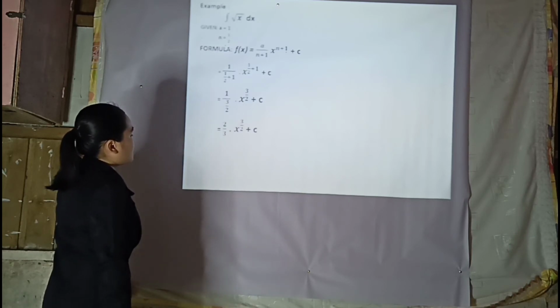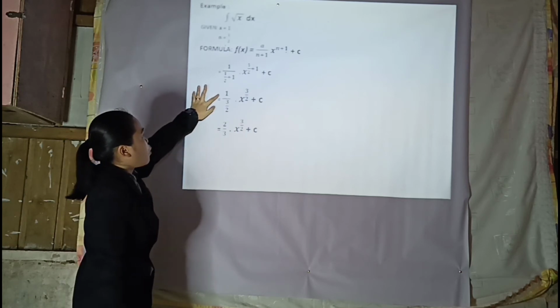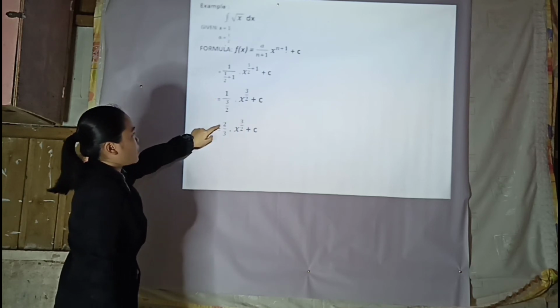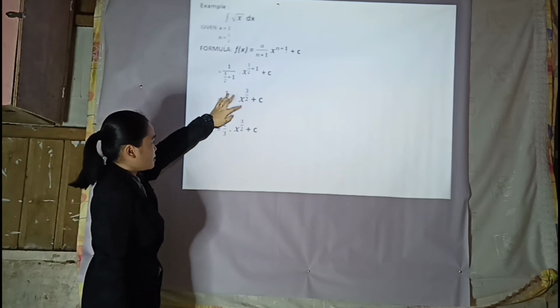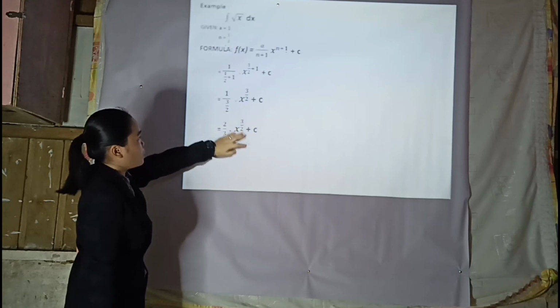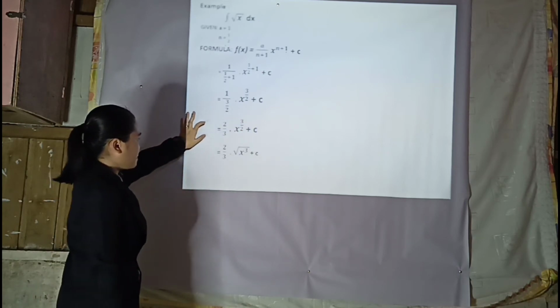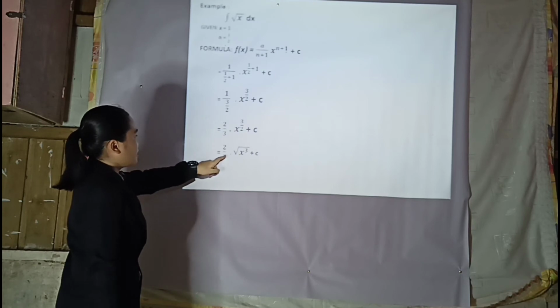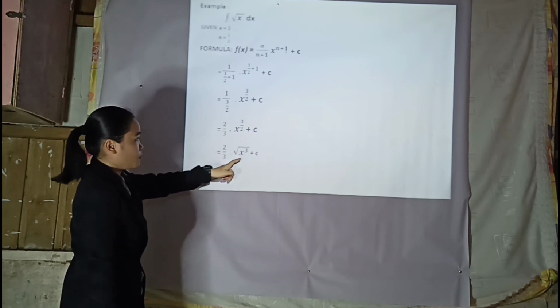We have 2/3, because 1 over 3 over 2 is equal to 2/3, times x raised to the power of 3 over 2 plus c.